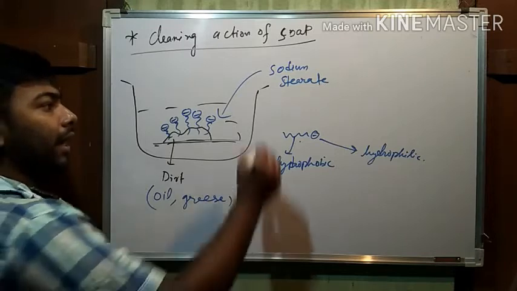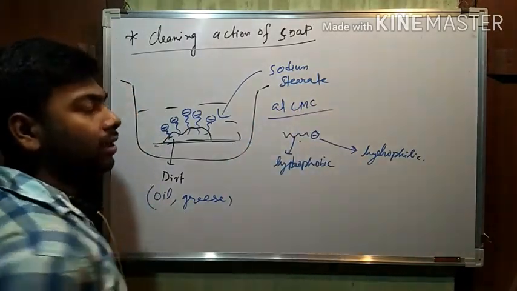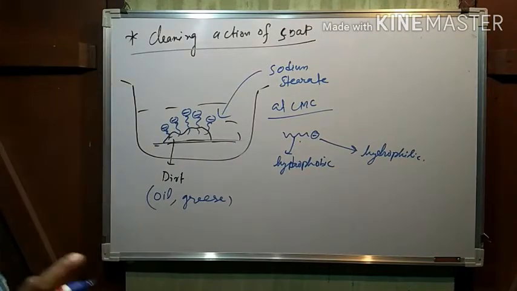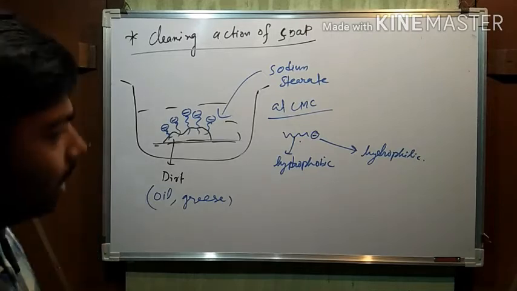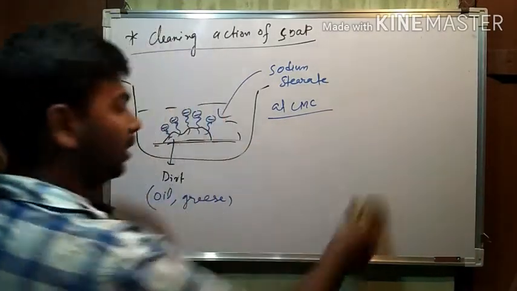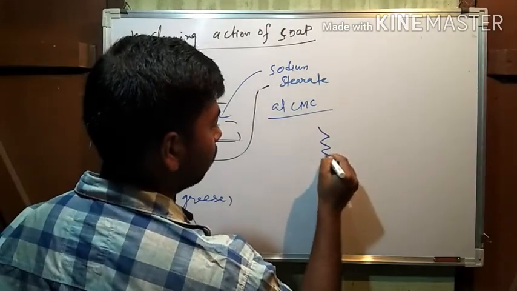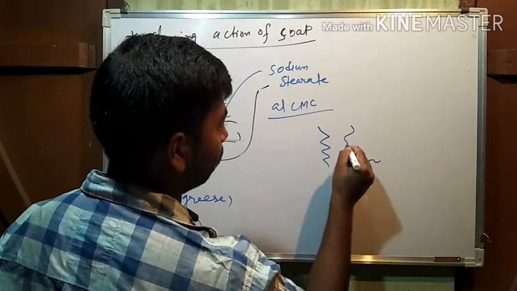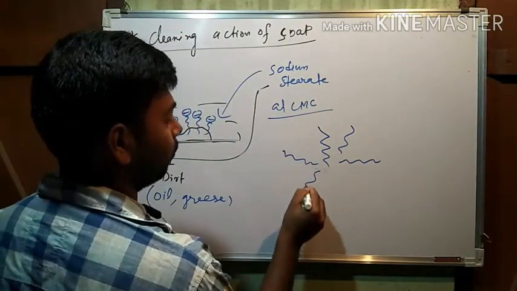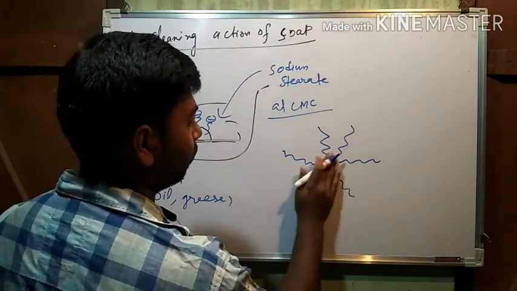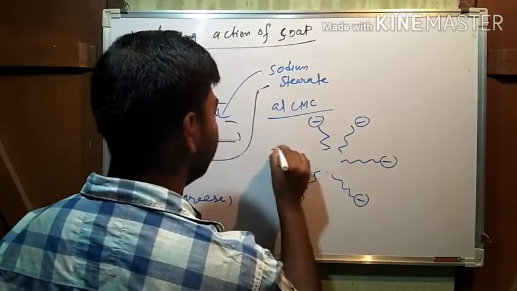Now when we add at CMC, that means at critical micelle concentration, then obviously globular types of aggregation takes place. How? Now see how. At CMC, the globular types of substance are like this way. This one is the hydrophilic head.